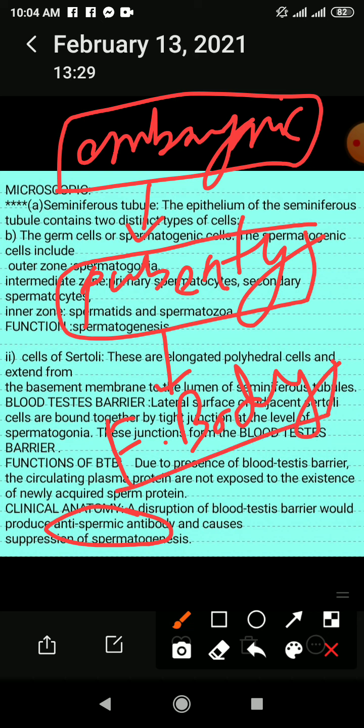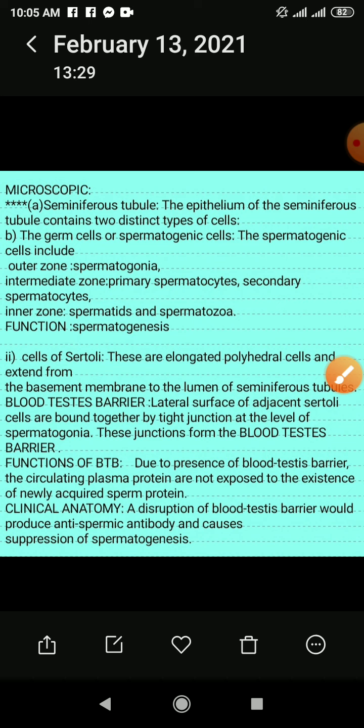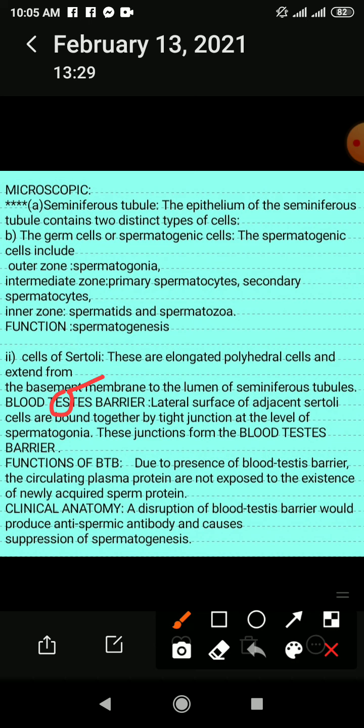When the sperm proteins are exposed to the blood cells, they recognize them as foreign, produce antibody, and ultimately destroy them. So that's why, to separate them in a separate compartment, there is a barrier known as the blood testis barrier.